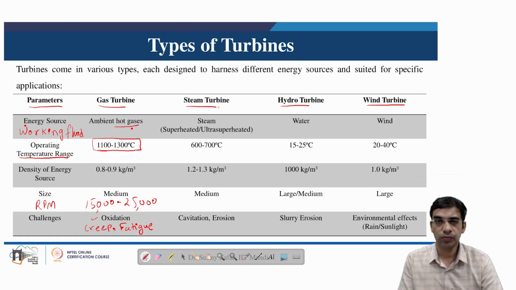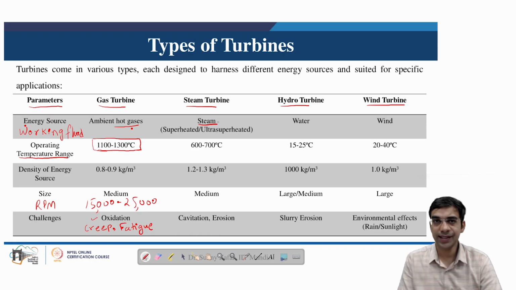Steam turbines are also popular in nuclear power plants, where heat is generated from nuclear fission, where a larger molecule of uranium is broken down into smaller molecules.